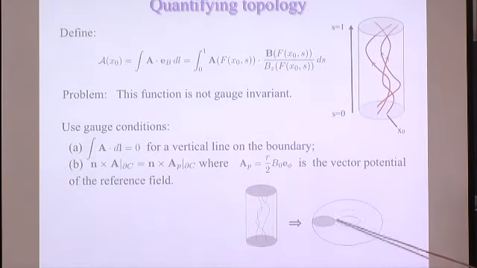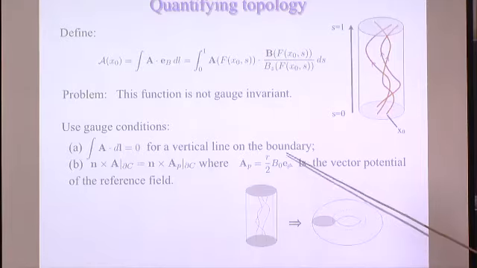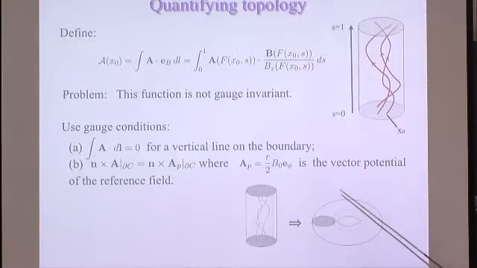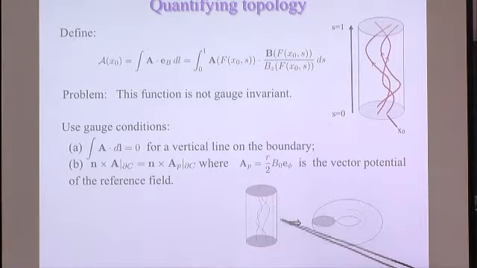Then a line on the boundary would enclose the whole of the torus. The gauge condition here ensures that there is no magnetic flux threading this hole of the torus. So you can interpret this gauge condition as excluding the influence of magnetic fields outside my domain onto my flux function.